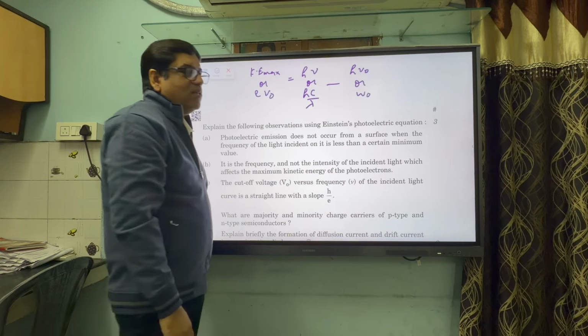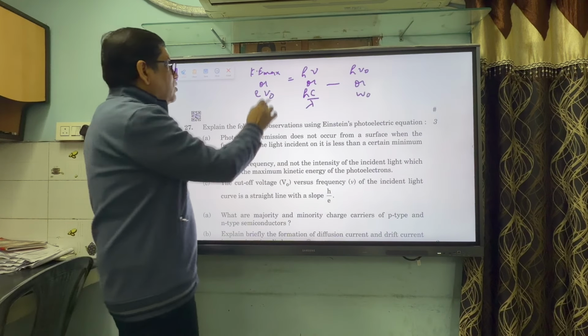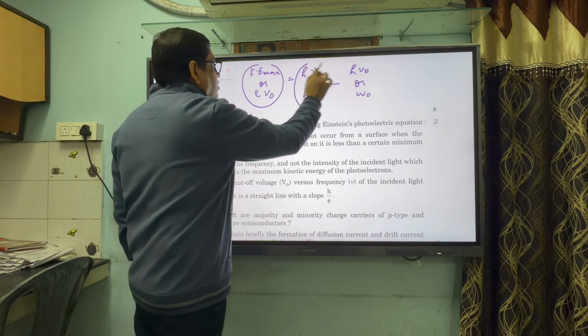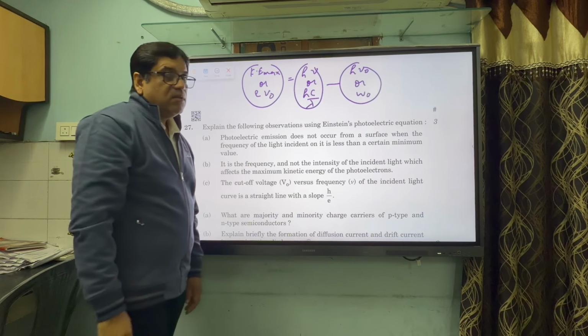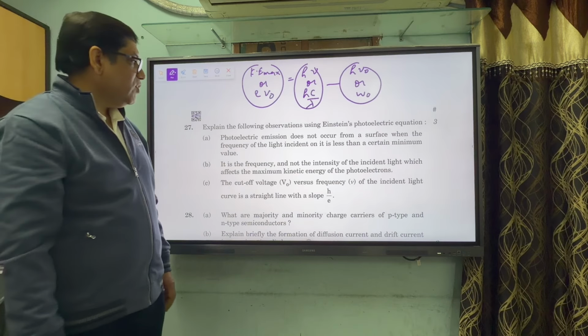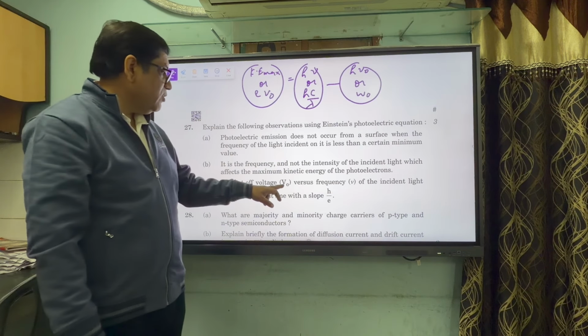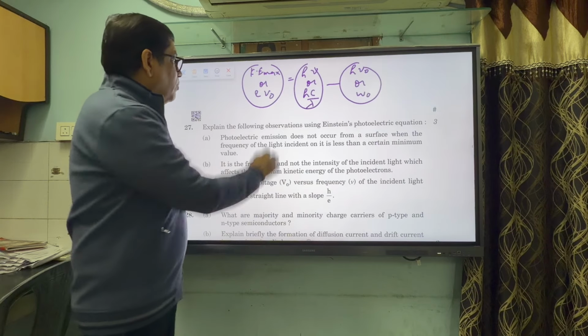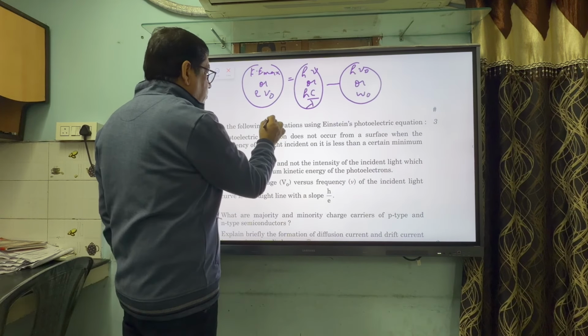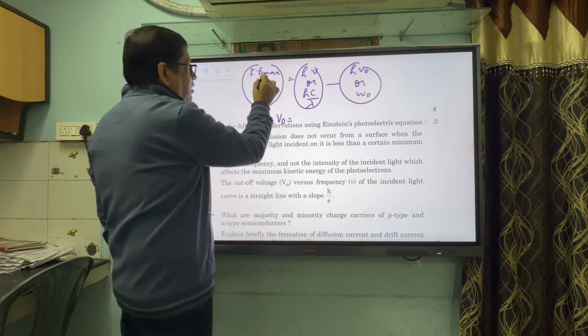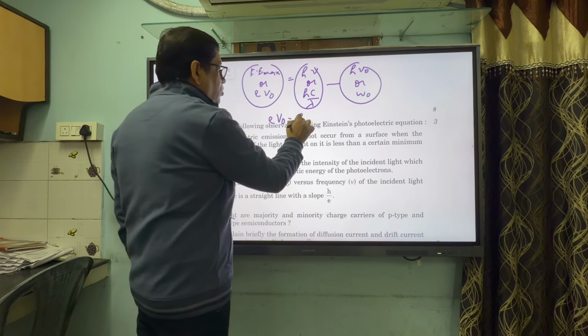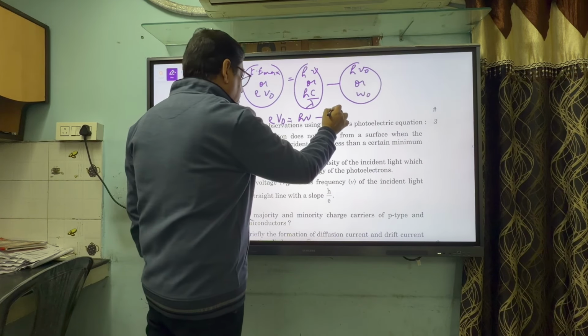So this is basically the Einstein photoelectric equation. You can use either of these two. In this case, what do we have to use? Stopping potential and frequency required. Stopping potential and frequency required. So it will be e V naught. From here I have chosen e V naught, from here h nu, and here the work function.